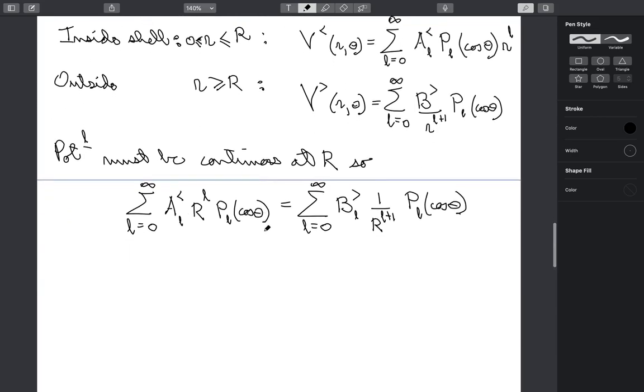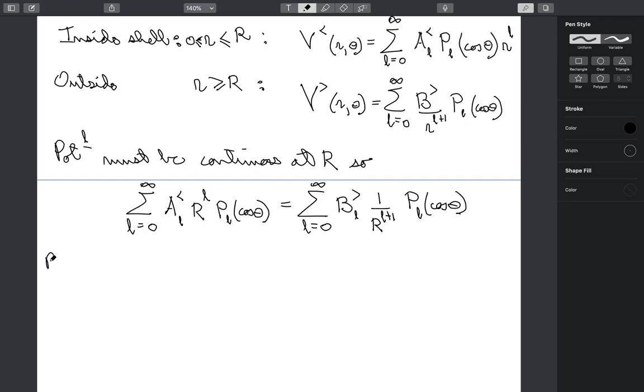Now, the point is that if we look at the angular dependence of the left and right, it only comes through the Legendre polynomials. But the Legendre polynomials are orthogonal polynomials. Therefore, if this equal sign is to be obeyed, every single different L has to have the same coefficients.